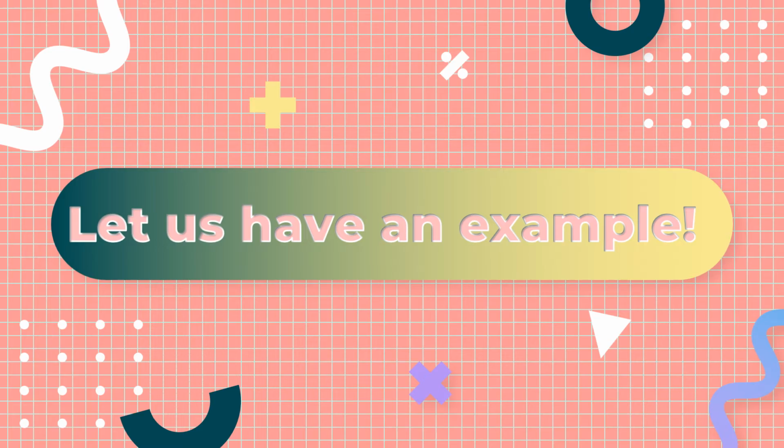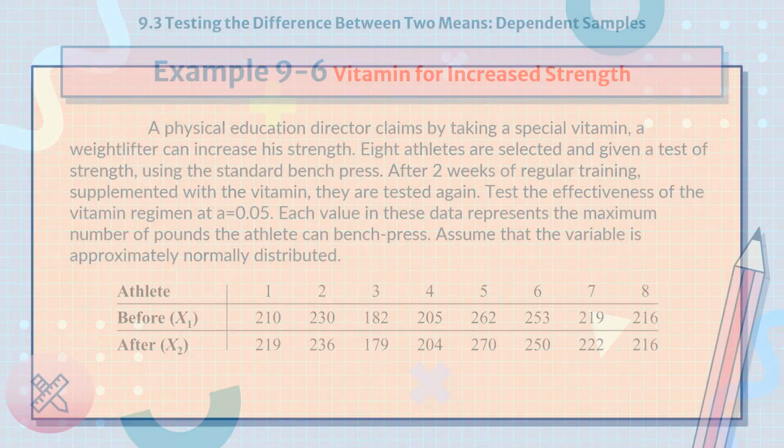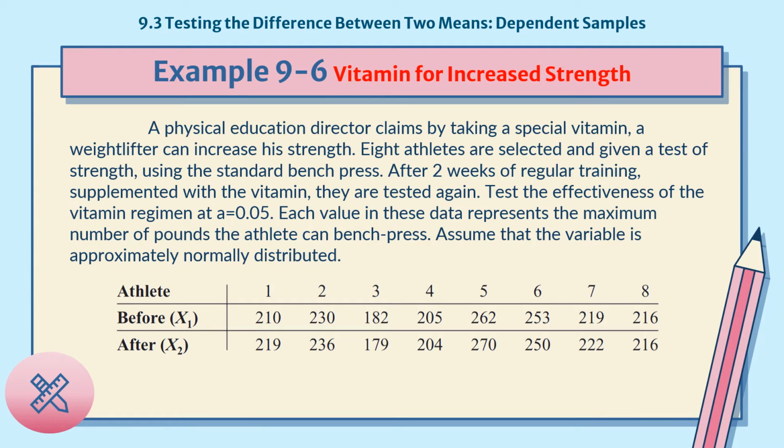So let us have an example. Example 9-6. Vitamin for increased strength. A physical education director claims by taking a special vitamin, a weightlifter can increase his strength. 8 athletes are selected and given a test of strength using the standard bench press.